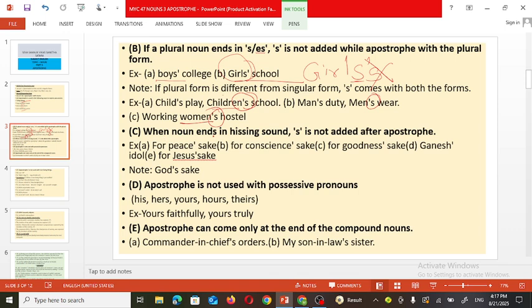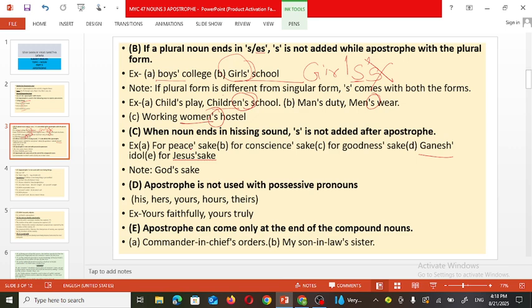When a noun ends in a hissing sound of s, then s is not added after the apostrophe sign. For example, Ganesh. When we say the word Ganesh, it is a singular noun, but as it has the hissing sound of s, we only add the apostrophe sign and no s after this word.